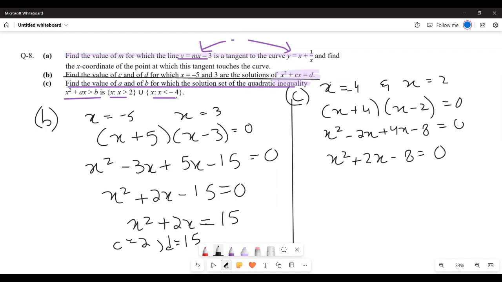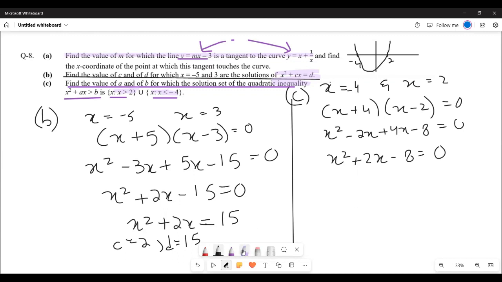However, this is an inequality question. As we can see that the answers are x is greater than 2 and x is less than -4. When do we get two sets of answer in a quadratic inequality? Greater than, yes, greater than. So one of the answers is -4, the other one is 2. The curve would look like this.